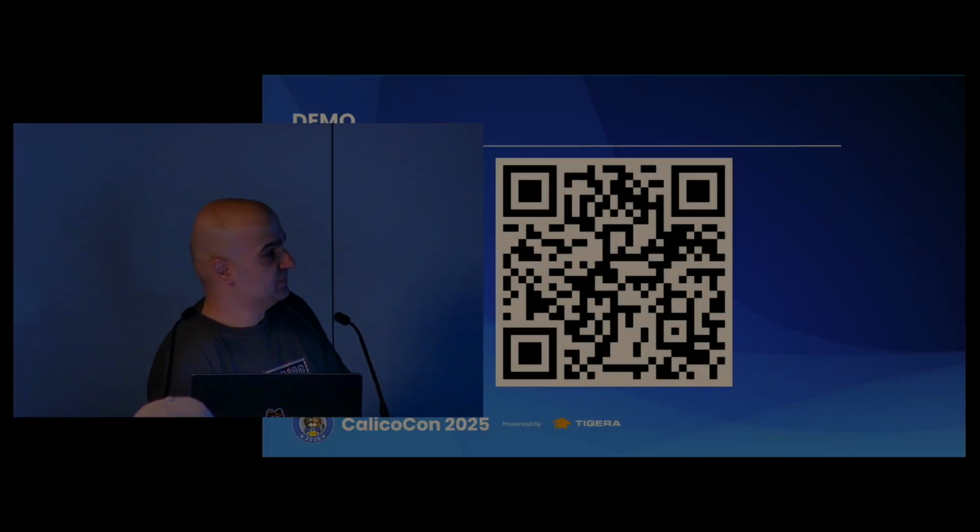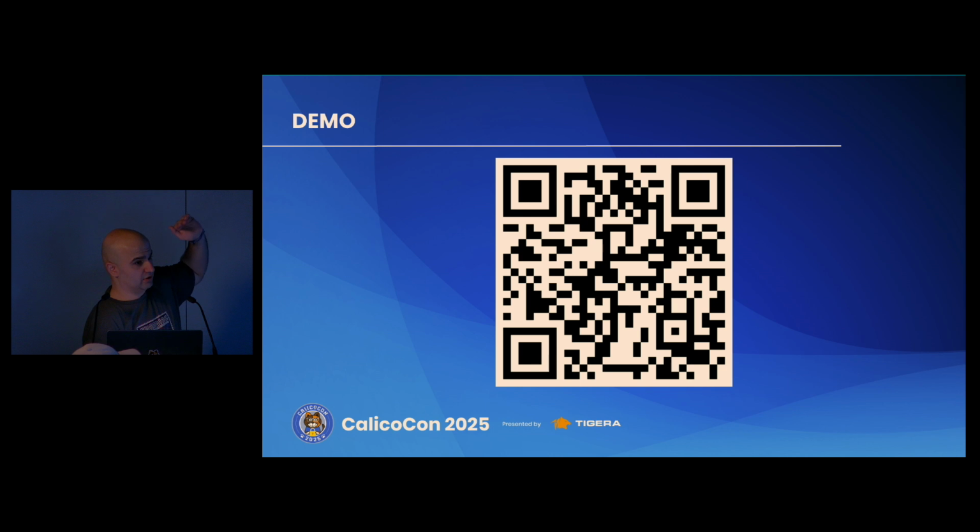This is the QR code I was talking about. So if you scan the QR code, there are a couple of workshops there. The one that we are interested in is called Whisker at the moment. I think it should be the first one.